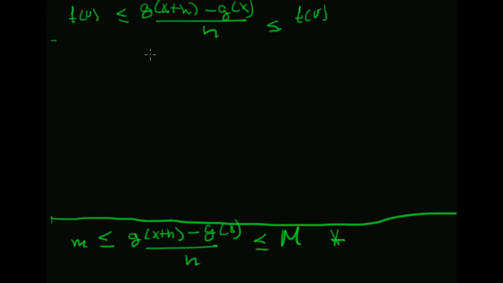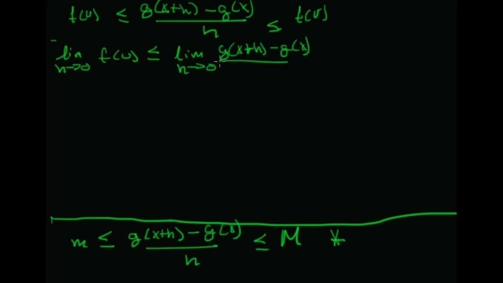So what we're going to do is take a limit. We're going to take the limit as h approaches 0 of f of u, less than or equal to the limit as h approaches 0 of g of x plus h minus g of x over h, less than or equal to the limit as h approaches 0 of f of v.